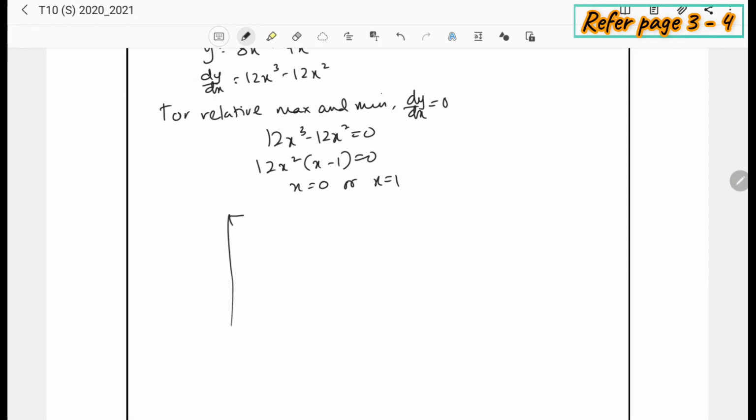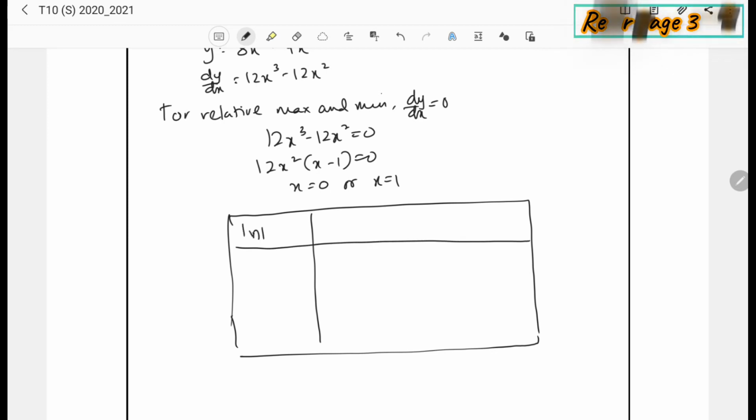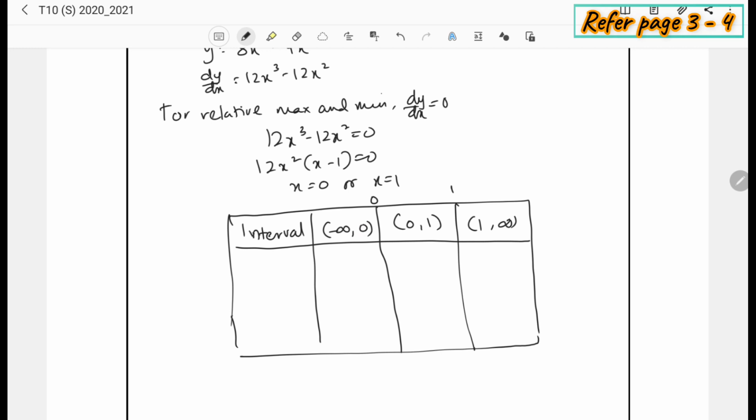So next, draw a table. So this is interval. So you have 0, you have 1. So this is between 0 and 1, this is 1 to infinity, negative infinity to 0. Okay, second row, we have x.